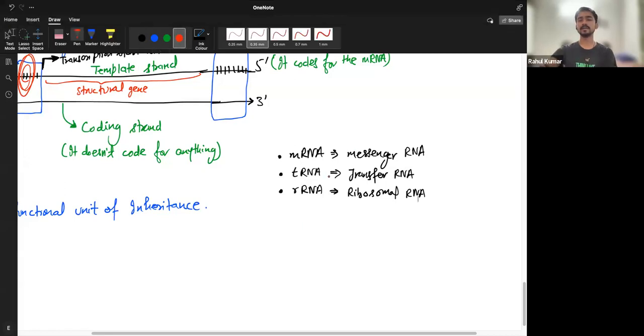There are other RNAs in the cell called long non-coding RNAs or small RNAs or silencing RNAs. We'll talk about it later. But of these three, only mRNA is the RNA that codes for protein, right?